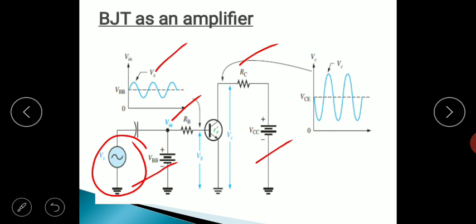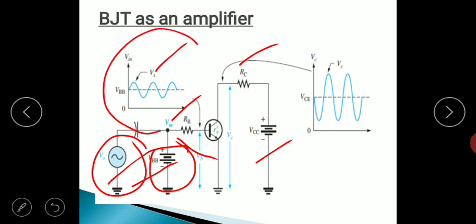Hence, to ensure that base emitter junction always remains forward bias, this battery VBB is added along with this AC signal, so that the effective input you can see here is the AC signal shifted by DC. You can see this is the VB, so the AC signal is shifted up by an amount equal to this VBB added.